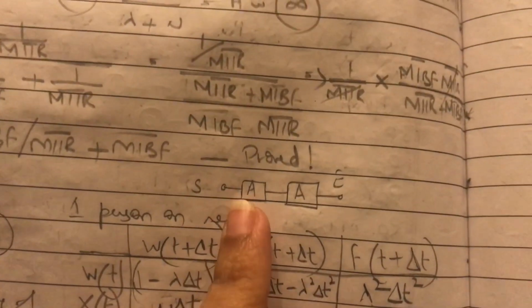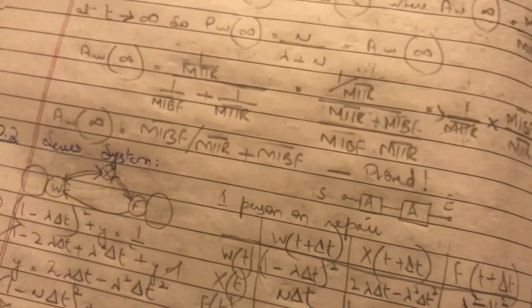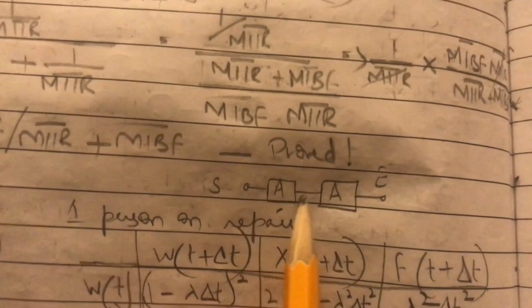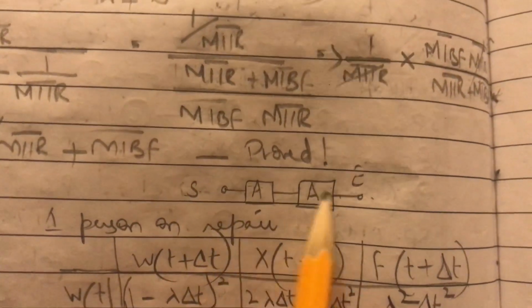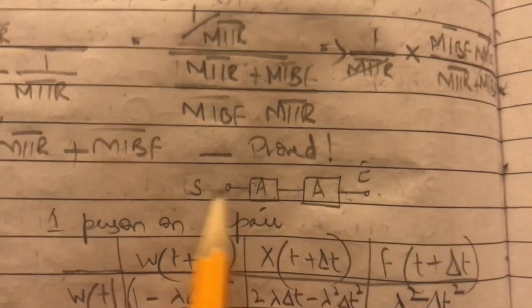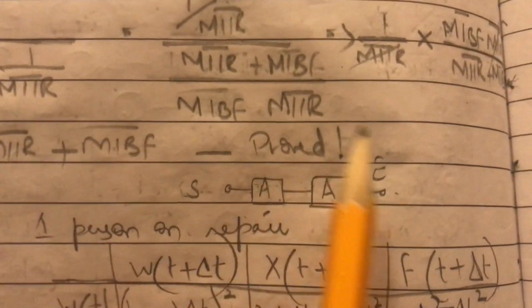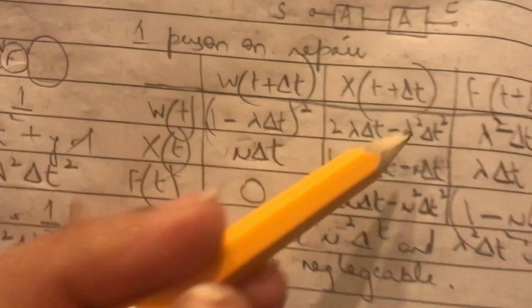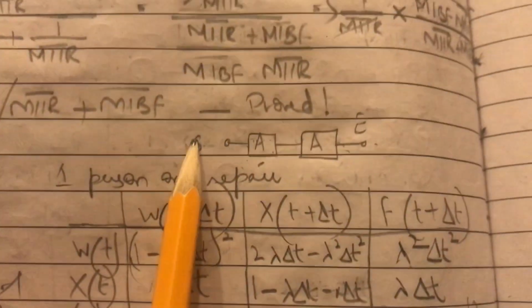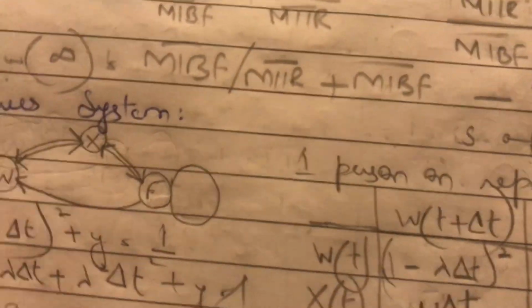Here we have a start point, an end point, and A and A. These are two components connected in series. So how are we going to draw the chain, and what about the tables? Let's have a look at how it's going to work.